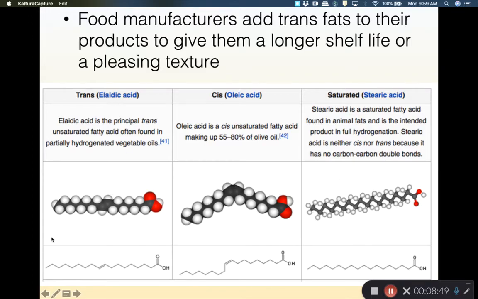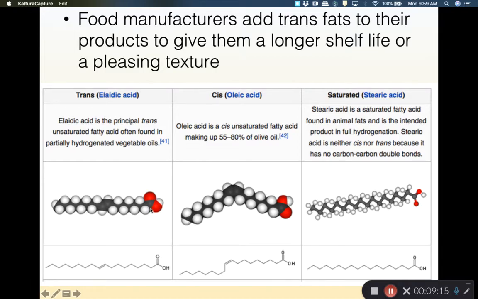So with trans fat, we're able to mimic saturated fats by having, again, this double bond, which we see in the unsaturated fat, but it is oriented in a different way. So now the molecules form this straight line without the kink, which allows it to stay solid at room temperature.